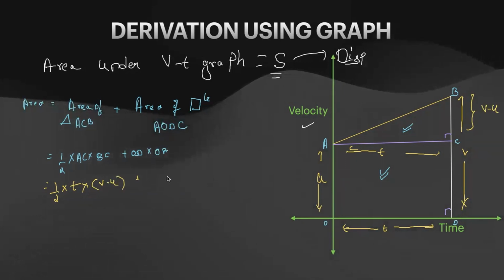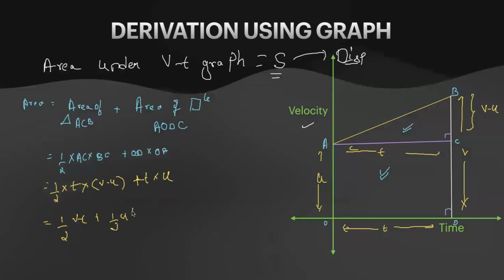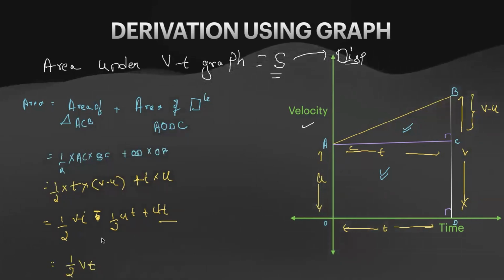OD is t, and OA is u. So this is half into vt minus half ut plus ut. Which is nothing but half vt, and half ut minus half ut is plus ut plus half ut.